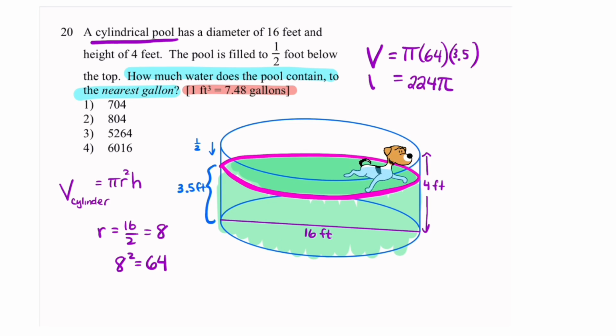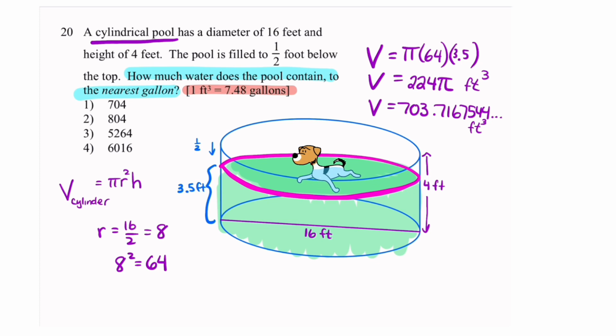So we're going to get 224 pi as the volume, but again, we're going to need our calculator to estimate this in terms of a decimal value, and then convert that into gallons. So right now our volume is about 703.7167544 cubic feet of water.